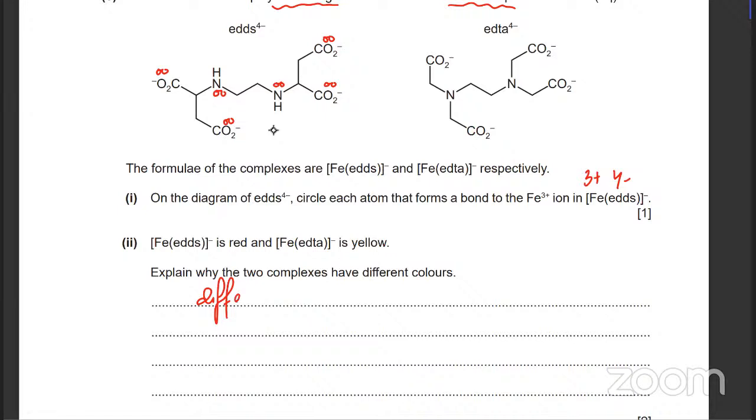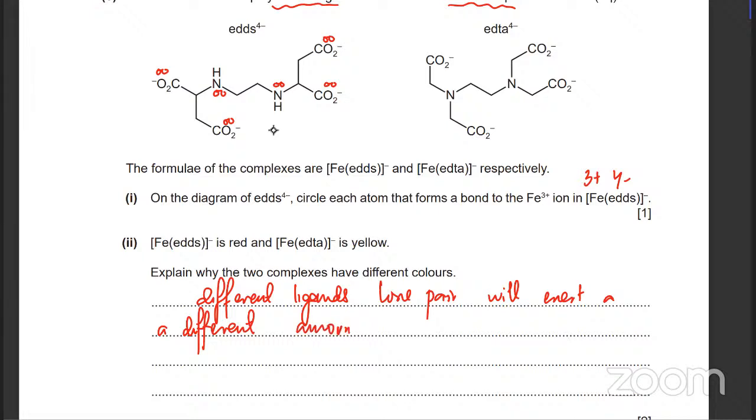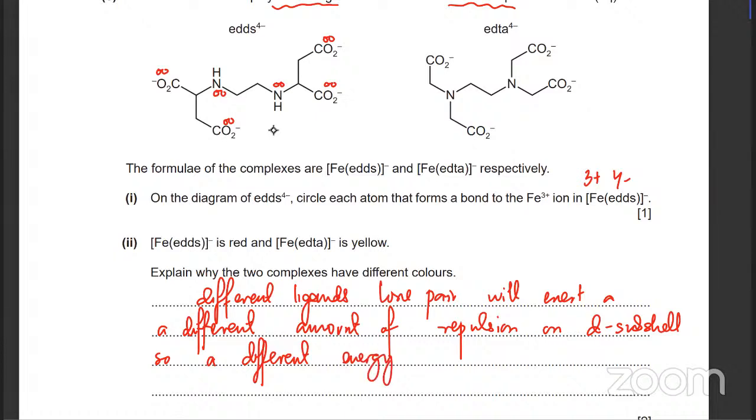So when you have different ligands, their lone pairs will exert a different amount of repulsion on the D subshell. So a different energy gap is going to be created.